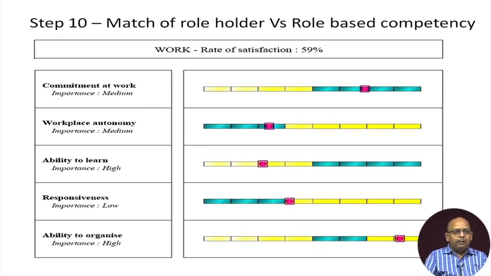So, after matching probably you will be able to know the level at which it is there or the level at which it is required. Suppose you find that the competency level is very high, it means that on that particular competency you do not need to do anything, right. But if it is low, then it means that you have to plan certain interventions for the individual.